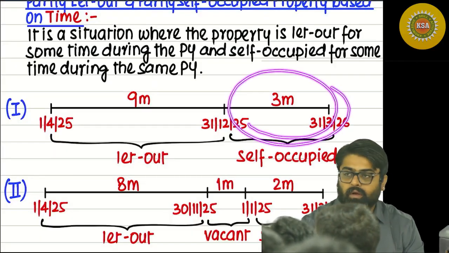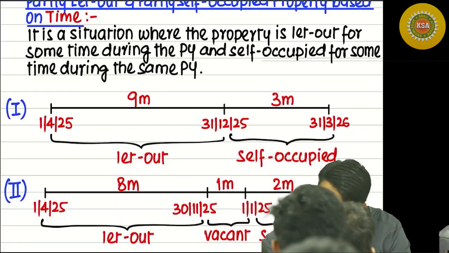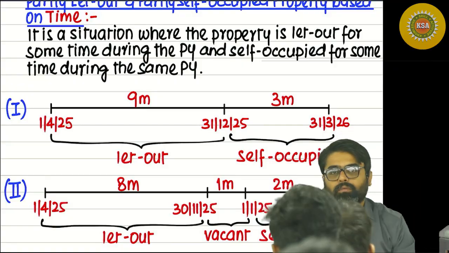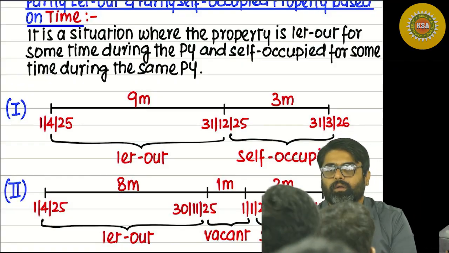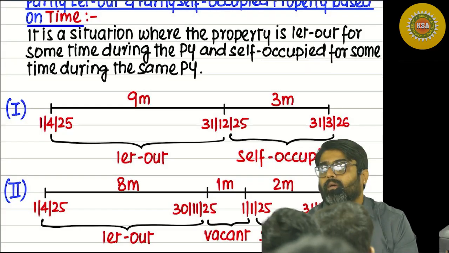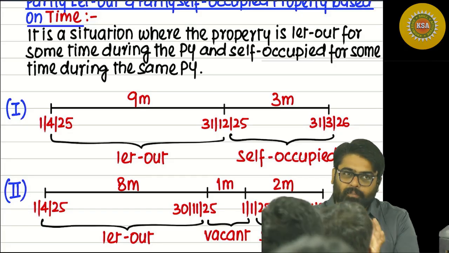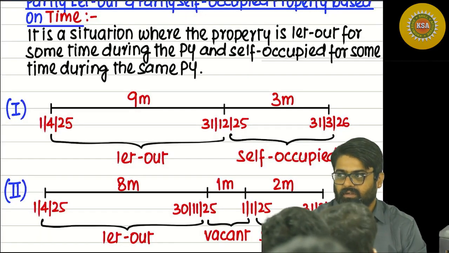and if it is self-occupied for some months, can I say part of the year the property is self-occupied and part of the year the property is let out? Now this property in this year will have only one status, because in a year a property cannot have multiple statuses.